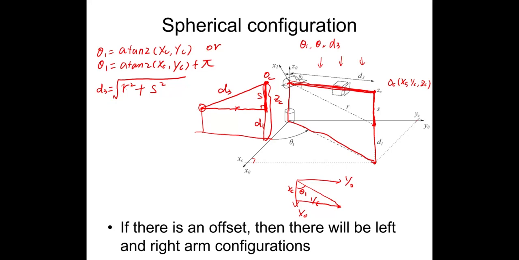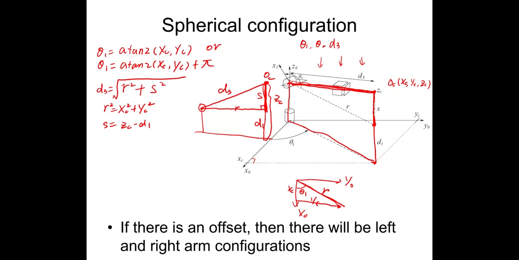Okay, and what is R and what is S? R square equals XC square plus YC square. And S equals ZC minus D1. So then D3 can be directly calculated.